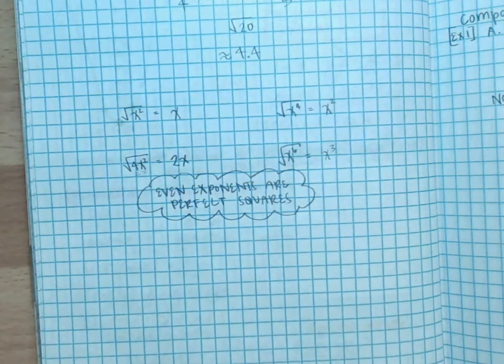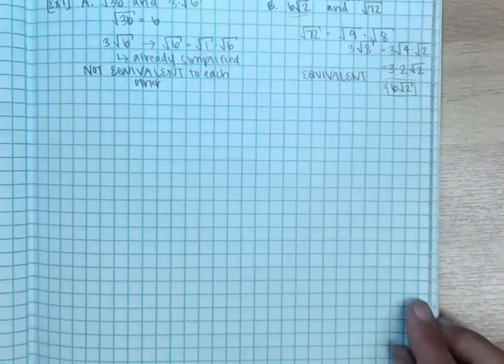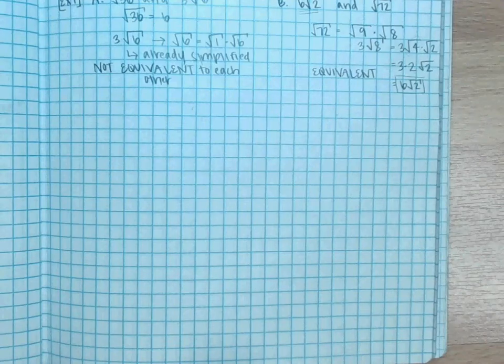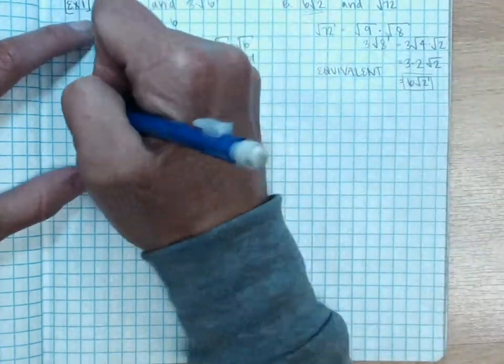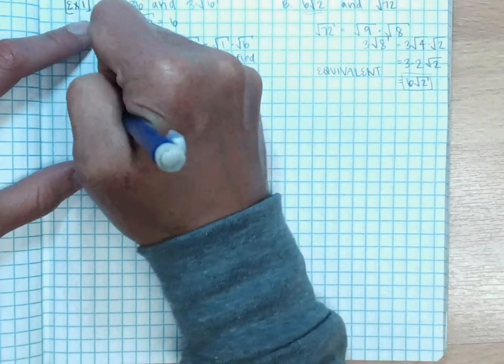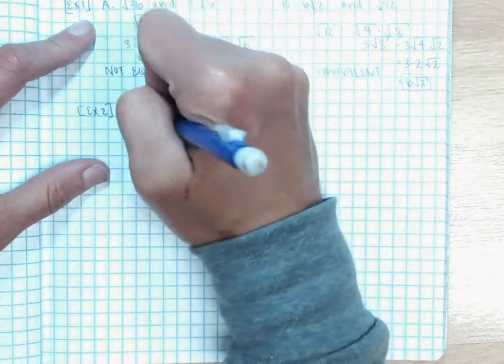Okay, so I'm going to give you a few examples, and we're going to do a couple together, and then I'm going to leave you with one as a try it. So first, all we're going to do is practice simplifying these.